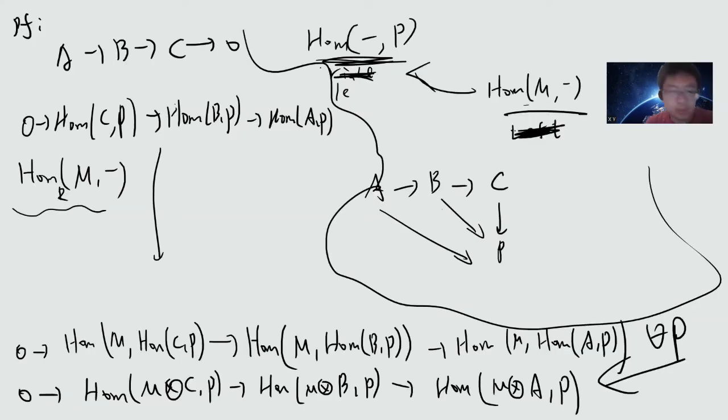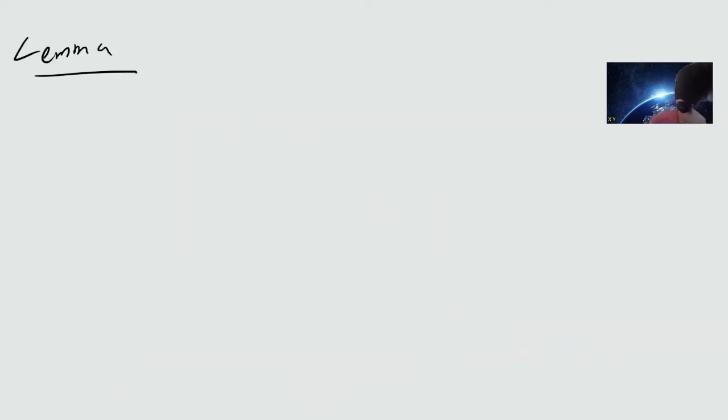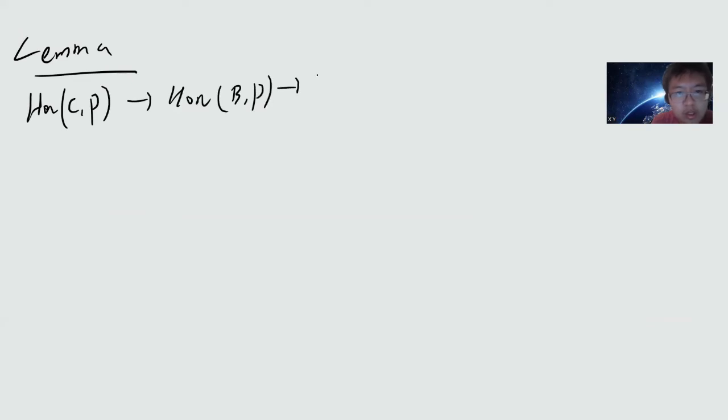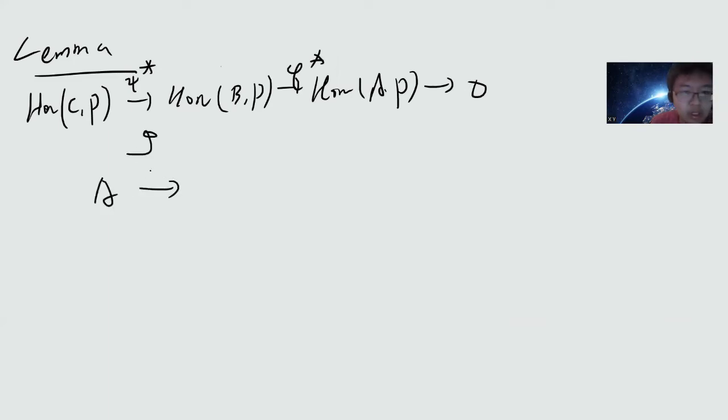Okay, so now we need a lemma, right? We need to say something to remove this Hom. So this lemma tells you that if we have Hom of CP, Hom of BP, Hom of AP going to 0, and let's say this map is induced, called psi star, this is phi star, and so this sequence comes from A, phi, B, psi.